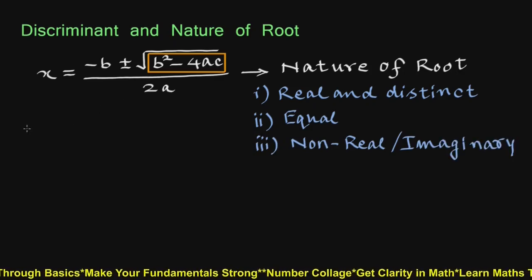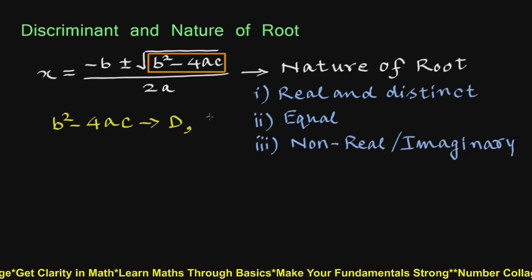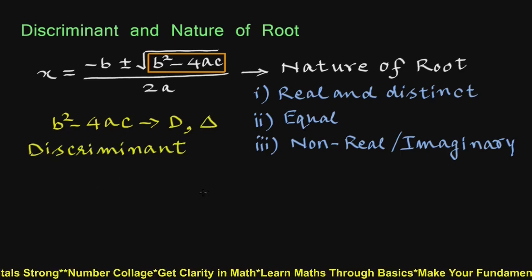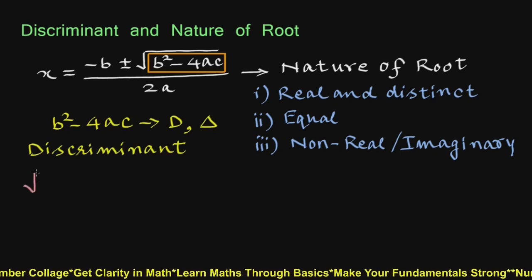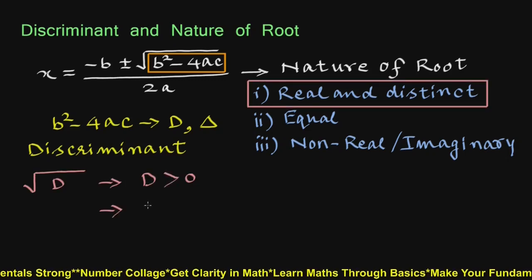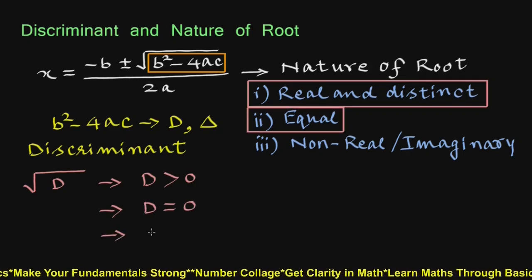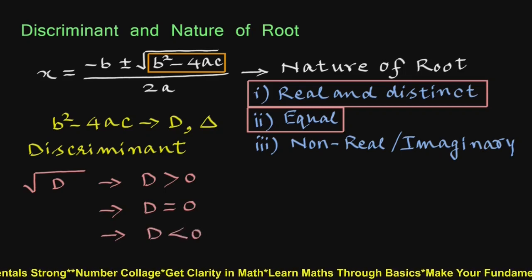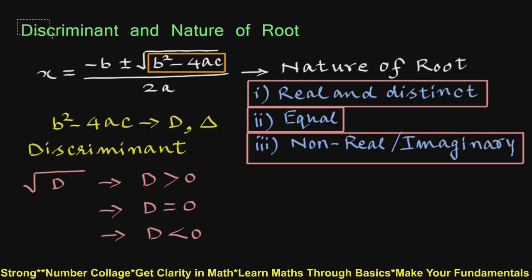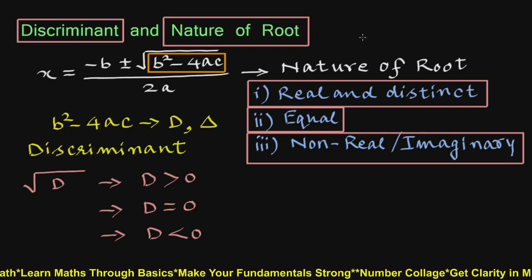The quantity b square minus 4ac, denoted by D or delta, is referred to as the discriminant, and since it sits within the radical sign, if D is positive, roots will be real and distinct. If D is 0, roots will be equal, and if D is negative, then roots will be non-real or imaginary. By knowing the discriminant, we can decide the nature of root of a quadratic equation. Let us see how.